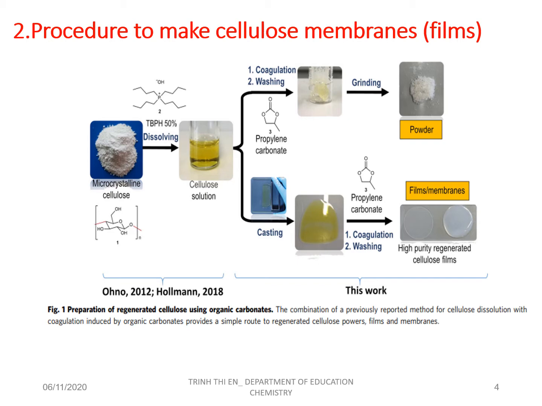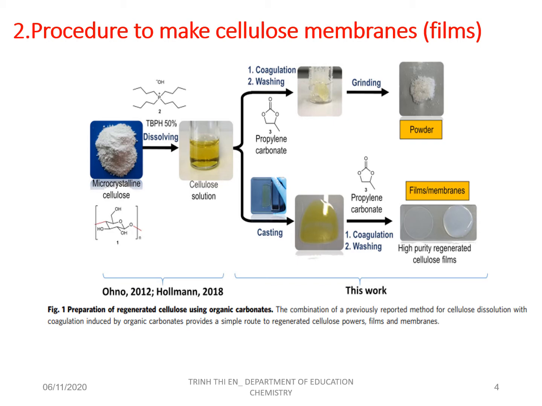There are two steps. The first step is to dissolve the microcrystalline cellulose in TBPH 50% in water.